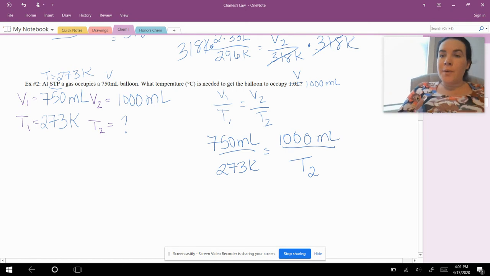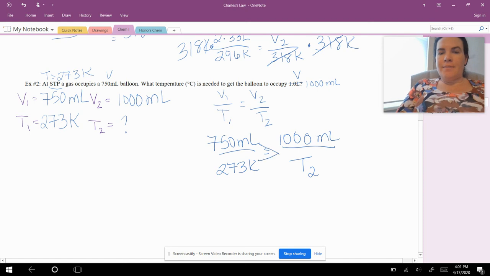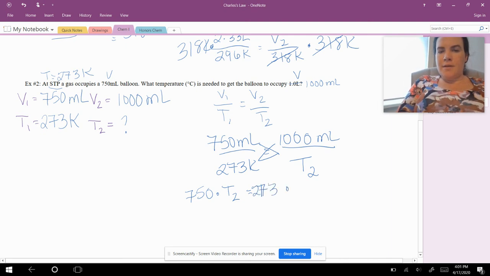So if you have a different way of doing your algebra, do what you're comfortable with. I've always used the cross multiplication, that little X thing. So this crosses with this, and this crosses with this. So 750 times T2 equals, let's do the 273 there, times 1000.